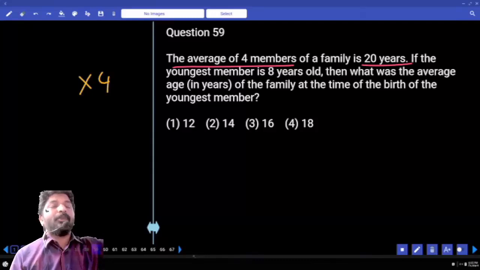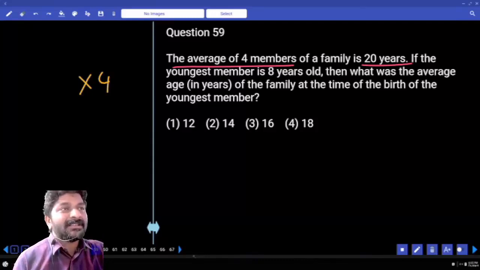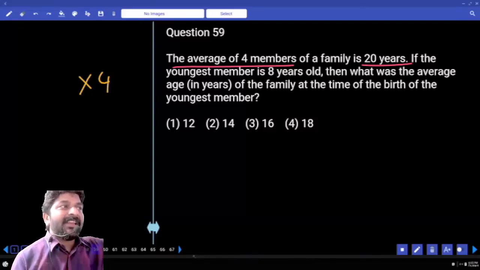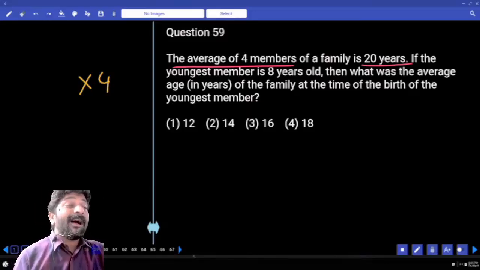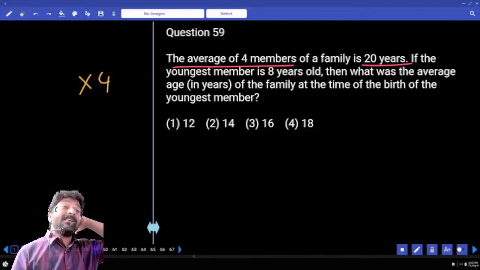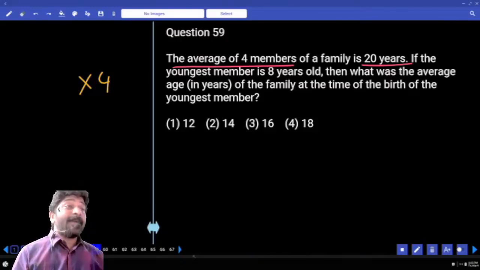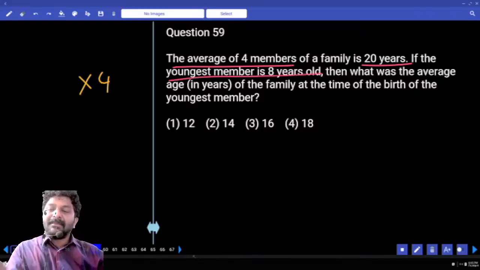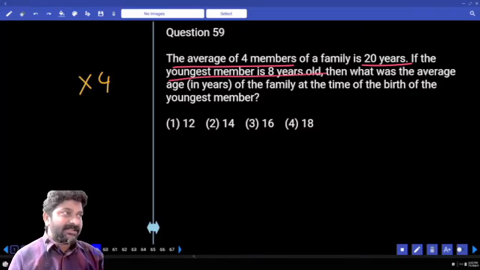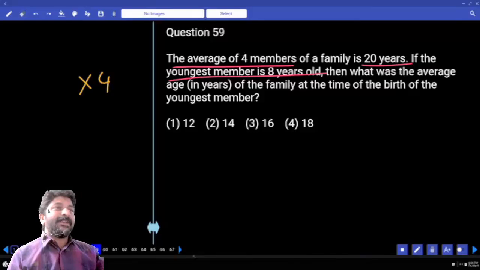After 2 years, what would be the average? Present average is 20. After 2 years, it would be? After 10 years? 30. 10 years back? 10. 8 years back? 12. You just need to subtract the direct number, right? So, the youngest member's age was 8 years. At the time of his birth, we have to go back 8 years, correct?